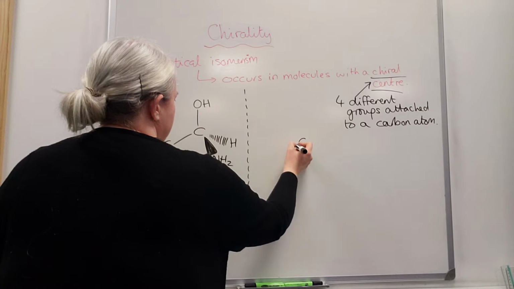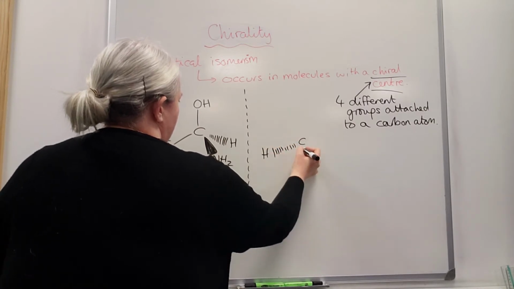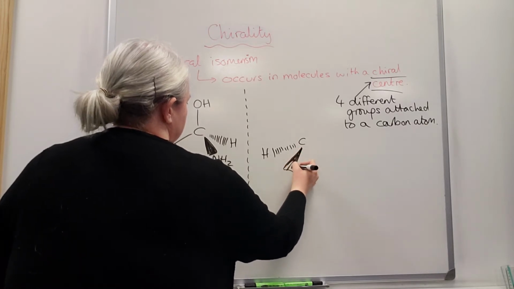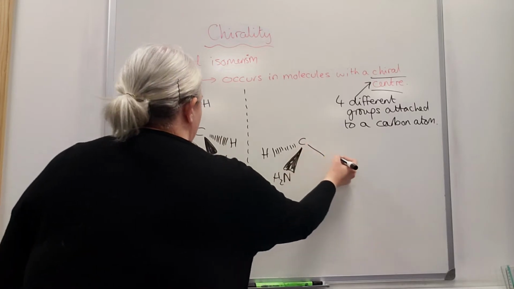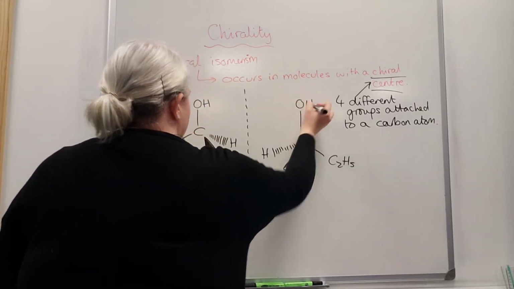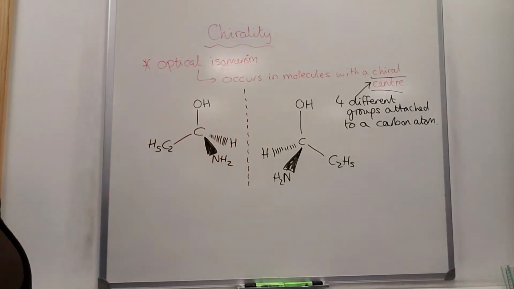So the hydrogen is going to be going back. Then I'm still going to have the NH2 coming forwards. I'm then going to have C2H5 and I'm going to have OH. So these are mirror images of each other.